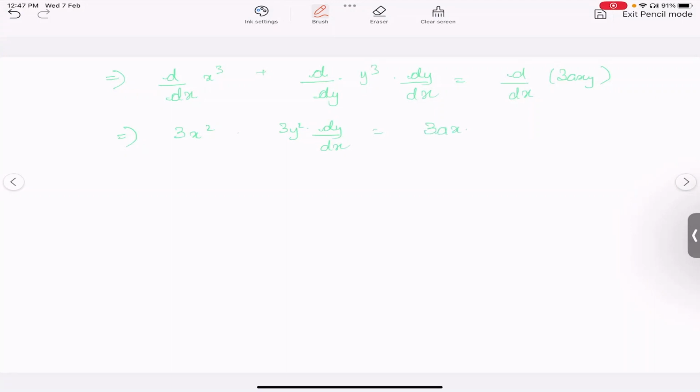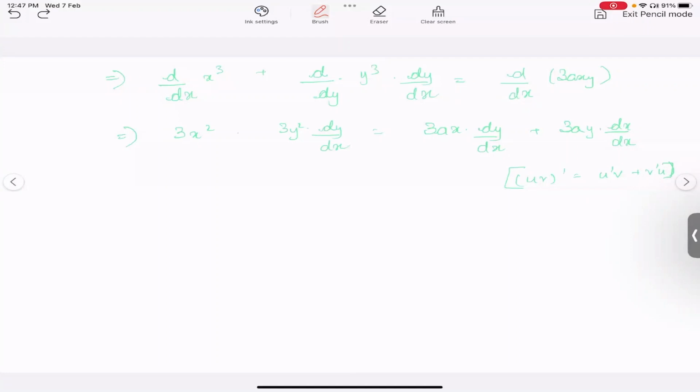First we are differentiating y with respect to x, and in the next one we'll be differentiating keeping x constant, and here we are differentiating x with respect to x keeping y constant. This was the formula: d of uv will be equal to du v plus u dv, where the dash represents the first order derivative.